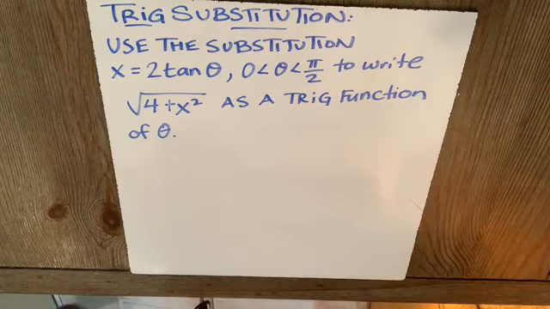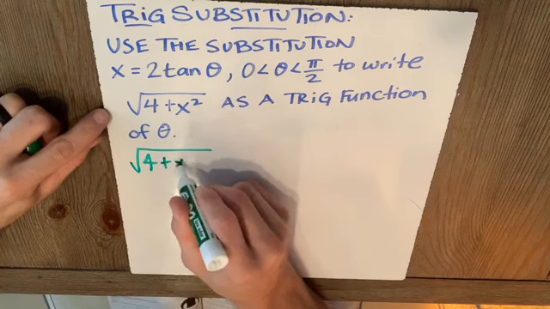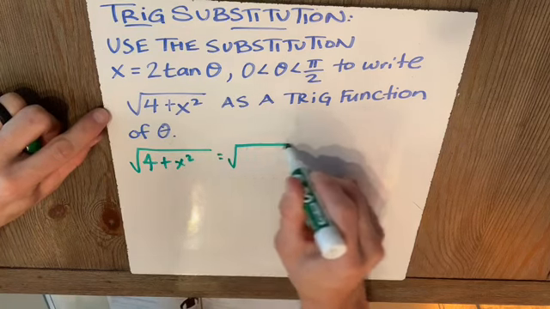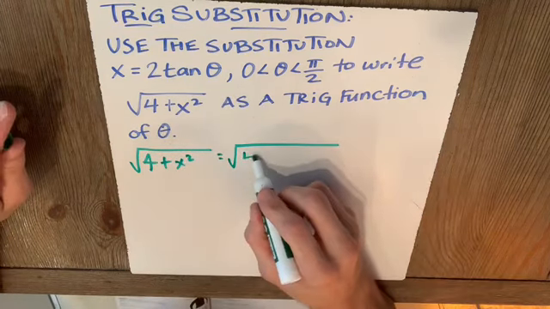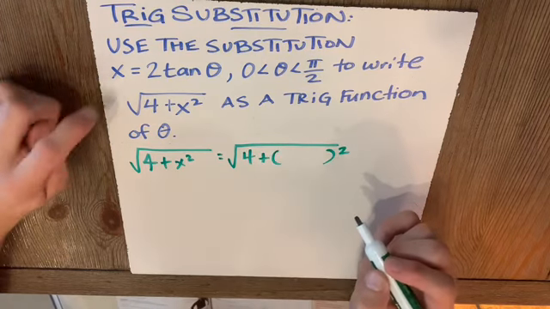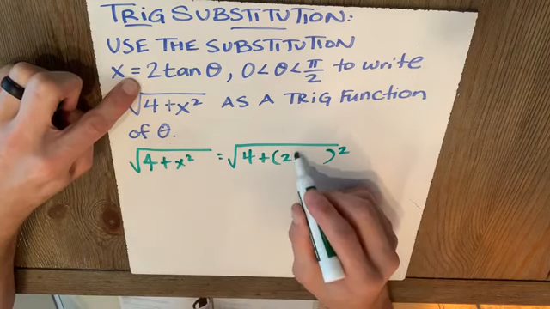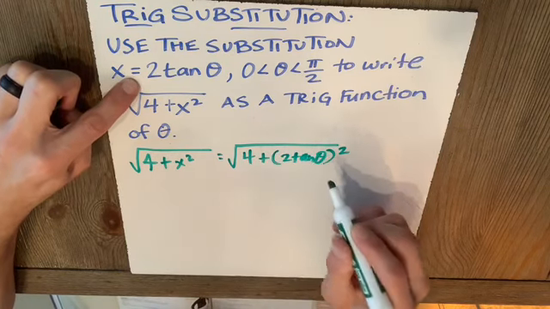So this tells me that 4 plus x squared can be written as the square root of, by the way, 4 plus whatever x is equal to, squared. And they tell us that anytime we see x, we can write 2 tangent of theta.